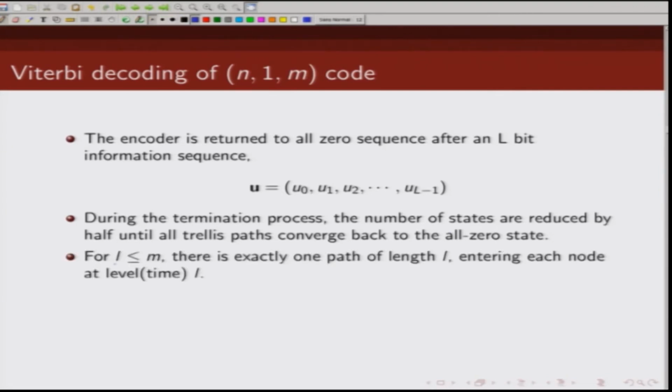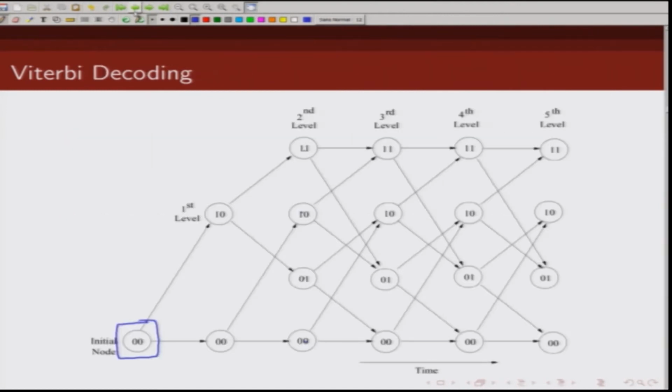As we said, for time less than the memory order, there is only one path of length L entering each state, each node. Go back to this diagram: up to this point, if I want to reach 1 1 from 0 0, there is only one path through this. I want to reach here, there is only one path. I want to reach this state, there is only one path.